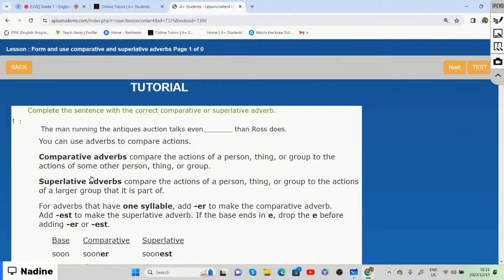And then we also have superlative adverbs, which compare the actions of a person, thing, or group to the actions of a larger group that it is part of.